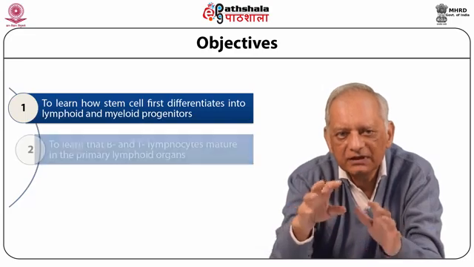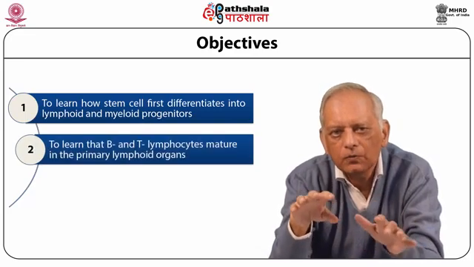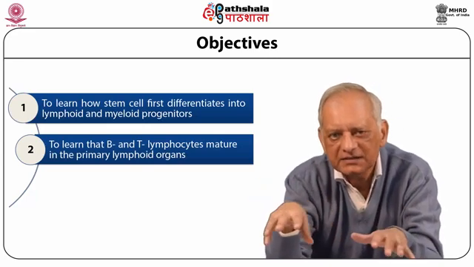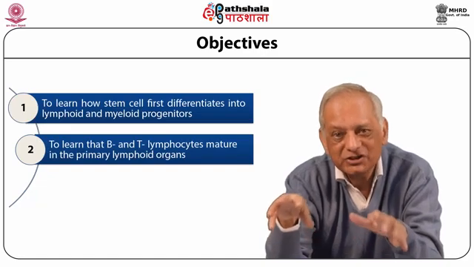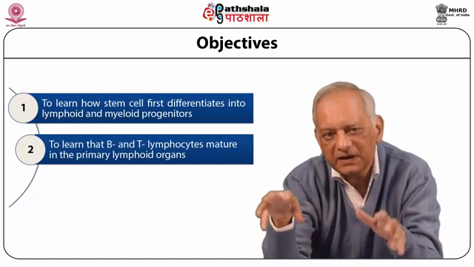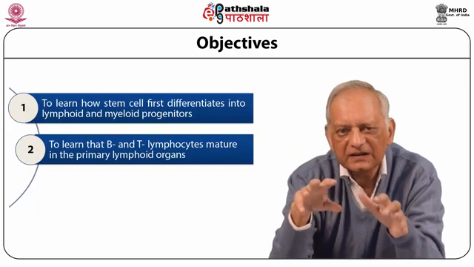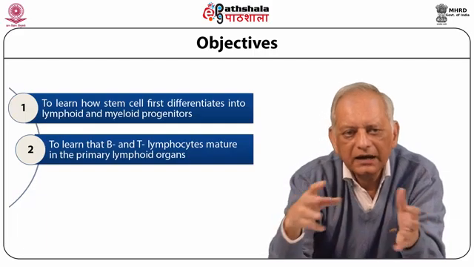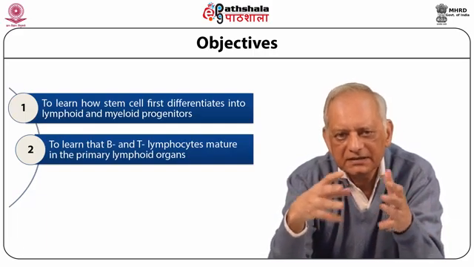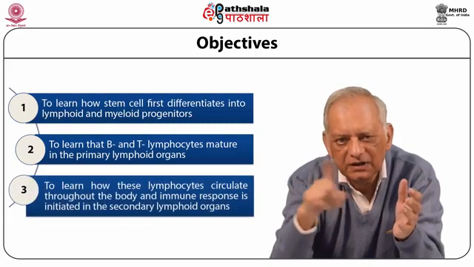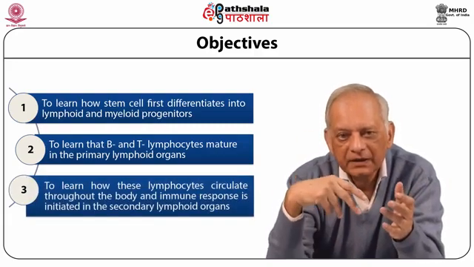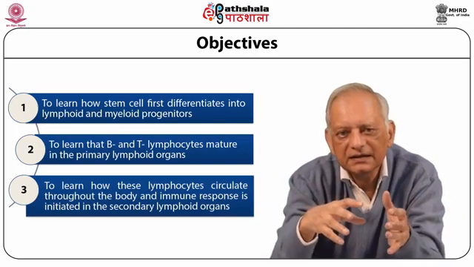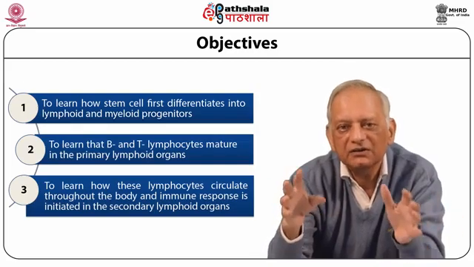After that, we will learn how B and T lymphocytes, the two classes of lymphocytes, both mature in their respective primary lymphoid organs. Then we will learn how these lymphocytes circulate throughout the body, and then the immune response is initiated in the secondary lymphoid organs.